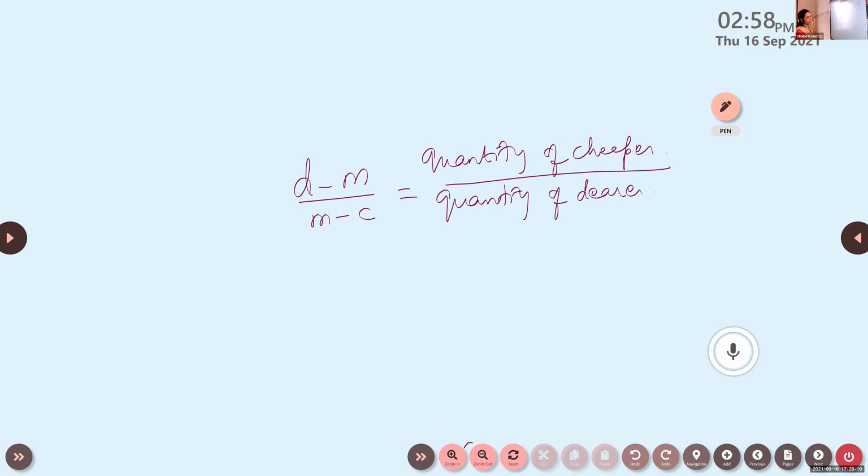So (D minus M) by (M minus C) is equal to cheaper by dearer. That part you have to take care of. Now let's do one or two questions so it will be clearer for you.